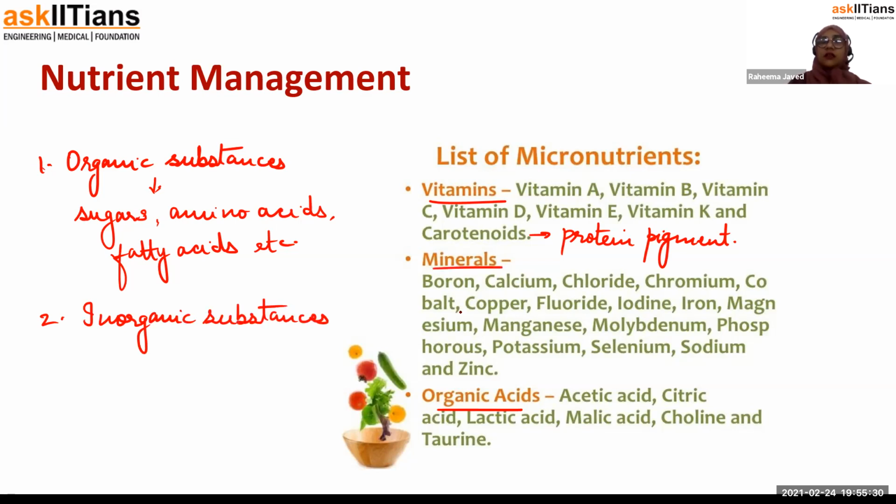There are mineral ions. Some mineral ions are required in larger amounts, so they are classified as macronutrients. Some are required in smaller amounts, so they are classified as micronutrients.